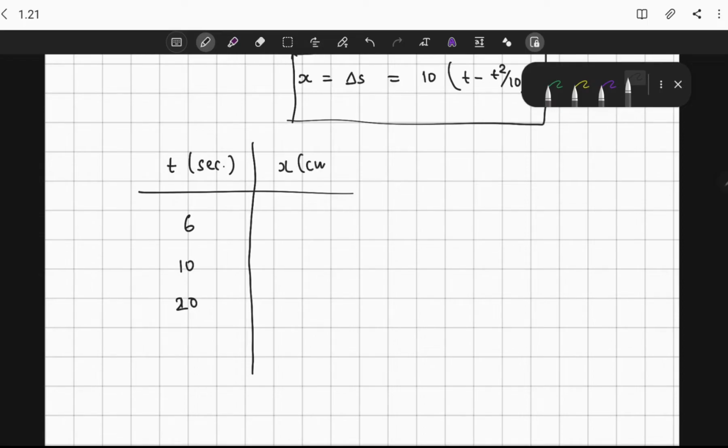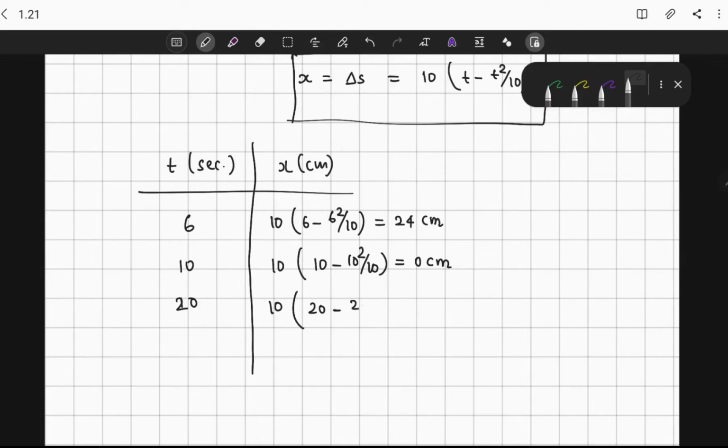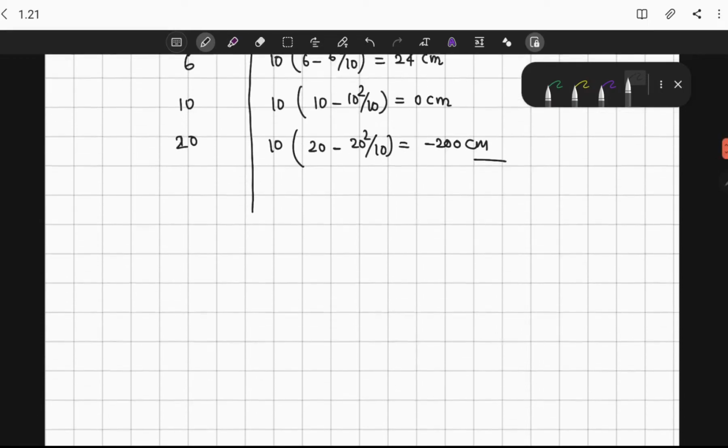Position in centimeter we can write as 10 times 6 minus 6 square by 10, that is equal to 24 centimeter, and here we can write 10 times 10 minus 10 square by 10, that is equal to 0 centimeter, and here we can write 10 times 20 minus 20 square by 10, that is equal to minus 200 centimeter. So what is happening here?